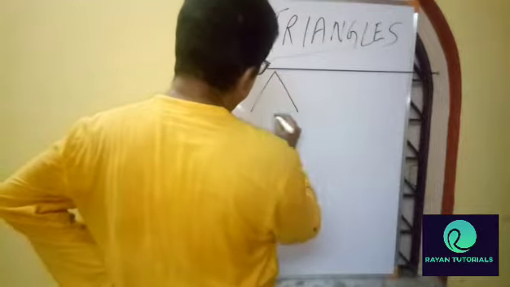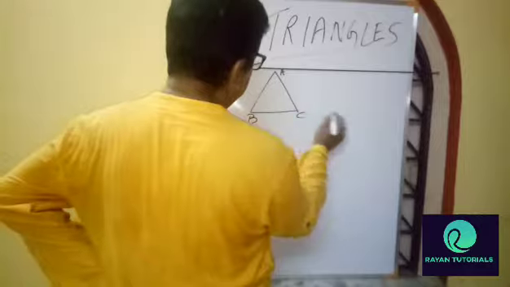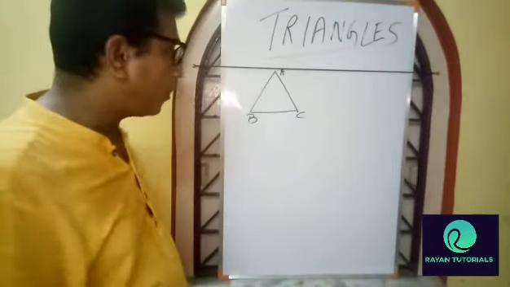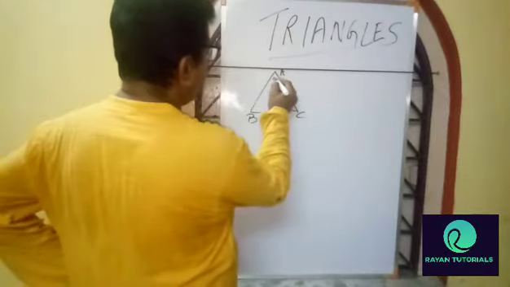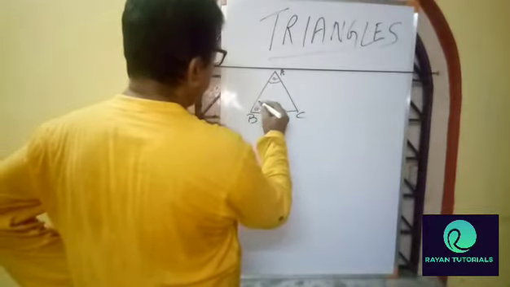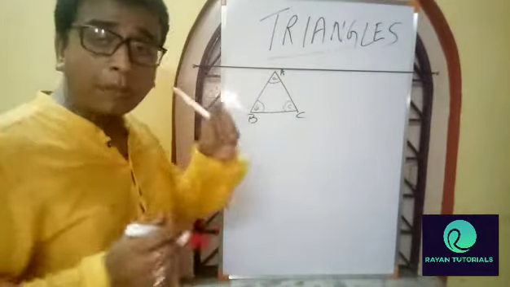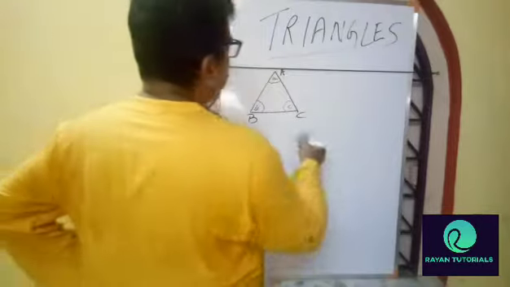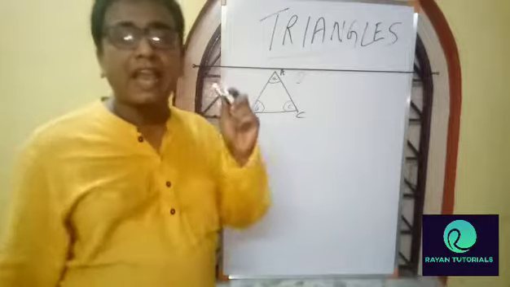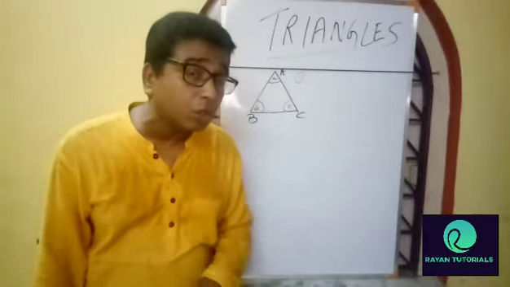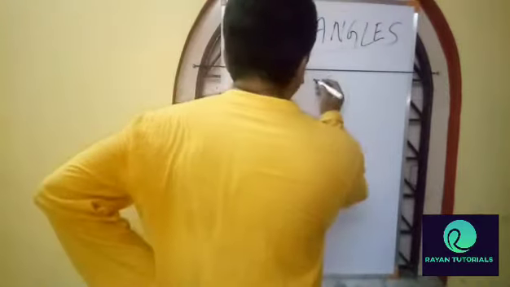Okay. Next, there are some properties of a triangle. Again, I need to draw a triangle. Suppose A, B, and C. How many angles are there? 3 angles. A, B, and C. My property number 1 states that the sum of the 3 angles of a triangle is equal to, yes, 180 degree.